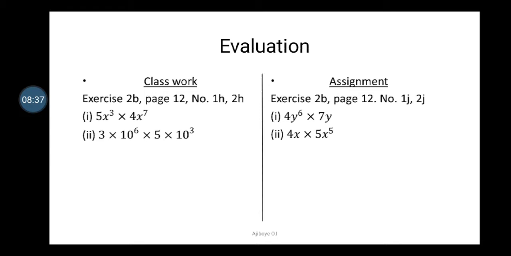The assignment, on the other hand, will be due for submission first thing tomorrow morning. And the assignment is picked from exercise 2B, page 12, number 1J and 2J. Please attempt the assignment, take a snapshot of the attempt and forward it to my WhatsApp number on or before tomorrow morning.